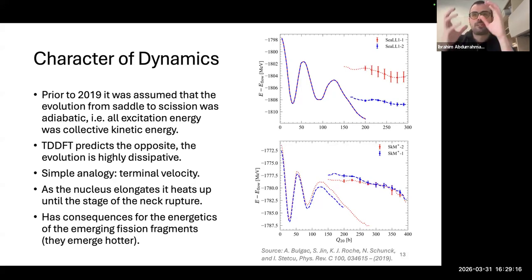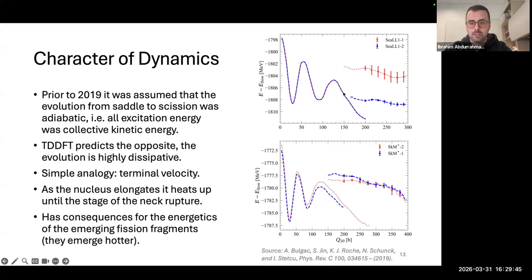What we know actually is it's equivalent to somebody jumping off a plane, and very quickly they'll hit a terminal velocity. And at that point, in this case, where the terminal velocity is a very small number, you don't actually keep increasing your velocity or your kinetic energy. You just start to heat up. And that's what's happening here.